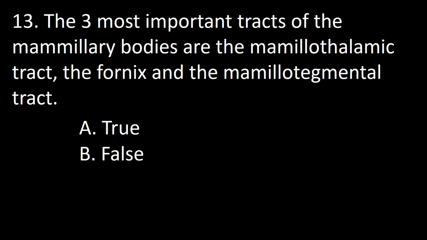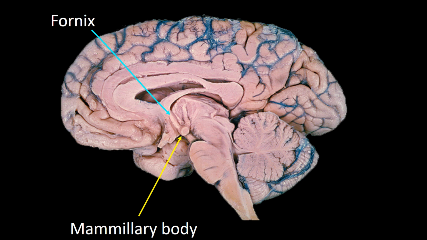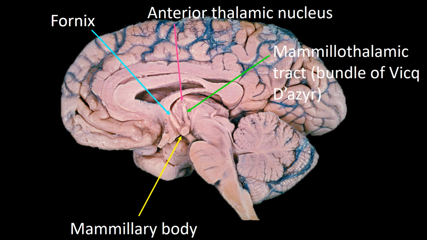The three most important tracts of the mammillary bodies are the mammillothalamic tract, the fornix, and the mammillotegmental tract. A, true, B, false. This is a mesial view of the brain with a deeper dissection of the mammillary region. You can see the right mammillary body, the fornix, the region of the anterior thalamic nucleus.